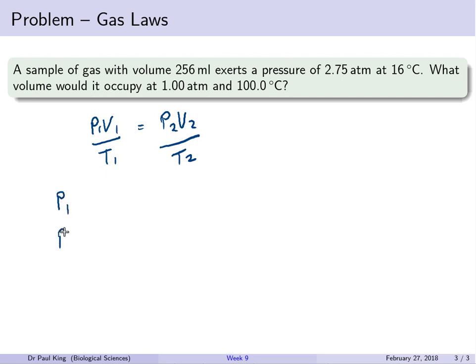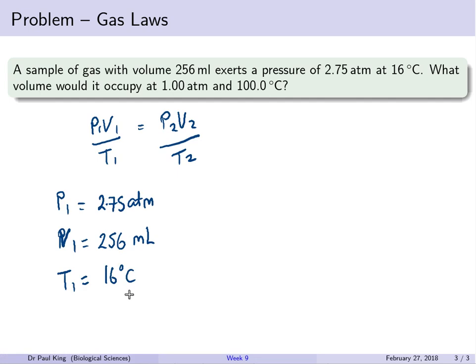Okay, and the way that we address these problems is to write down what we know. Okay, P1, V1 and T1. Let's write down the information that we have. Initial pressure is 2.75 atmospheres. Initial volume is 256 milliliters, and the initial temperature is 16 degrees centigrade.